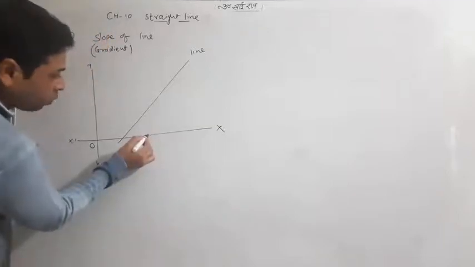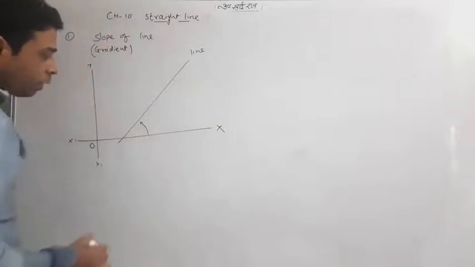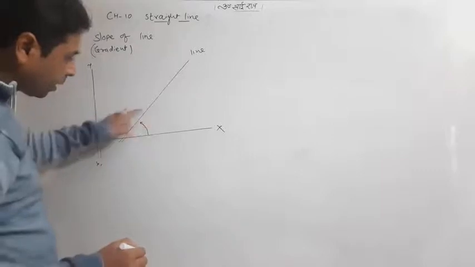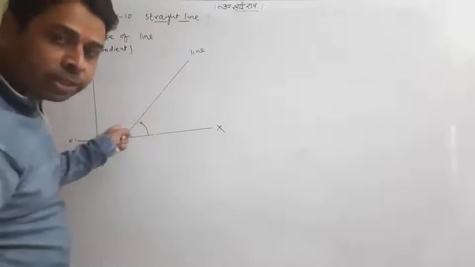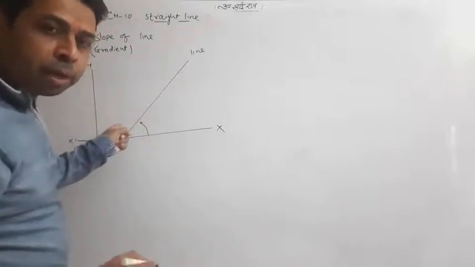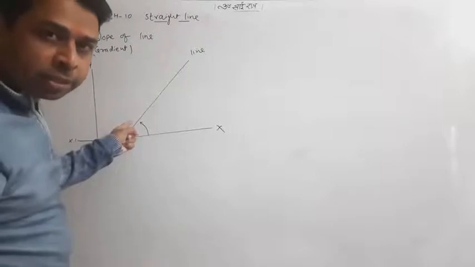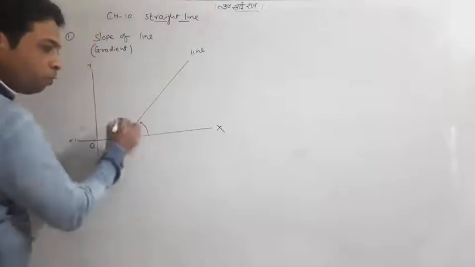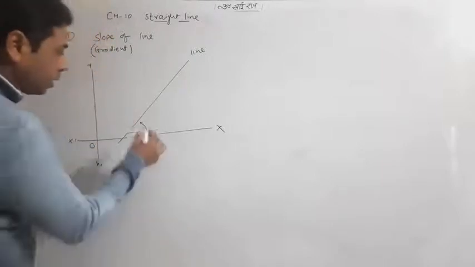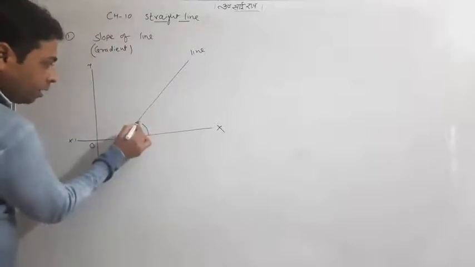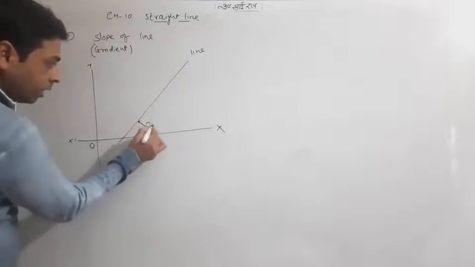We have to count this angle. Whenever we count the angle anti-clockwise from the x axis, it is the angle with the positive direction of x axis. Suppose this angle is theta.